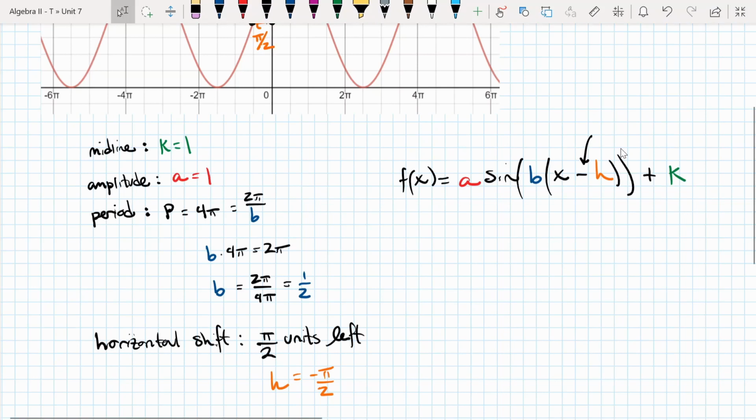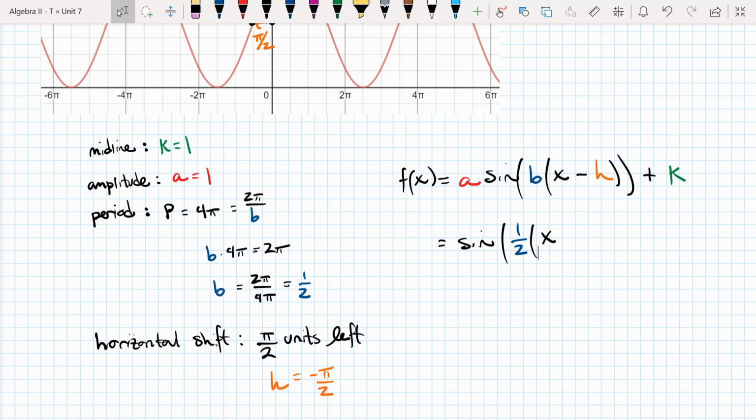So what I mean by that is let's plug each of these values into their respective spots in this general formula. The a value is 1, we'll leave that alone. So it's sine of, well, b is 1/2, times x minus negative pi over 2.